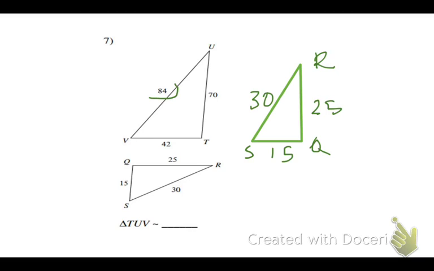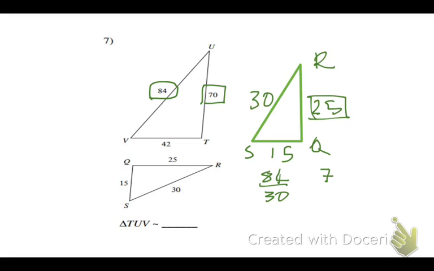So what side corresponds to the 84 length side? That'll be side SR, so that means 84 divided by 30 will be one of the ratios we're interested in. And then when we take 70, side UT, it will correspond to side RQ.